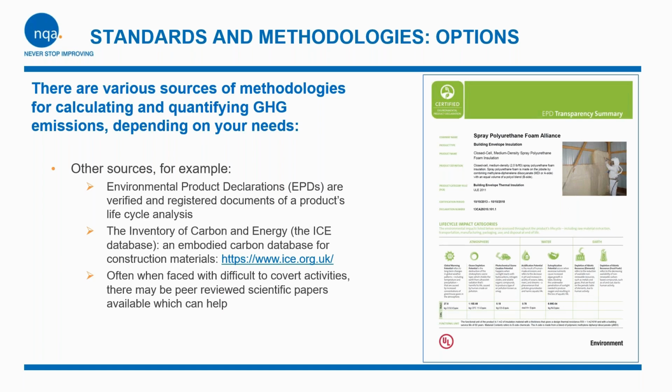And there are other sources of information. So, for example, EPDs, or environmental product declarations, often come with products that we can purchase, and they're based on a life cycle assessment of the particular products themselves.